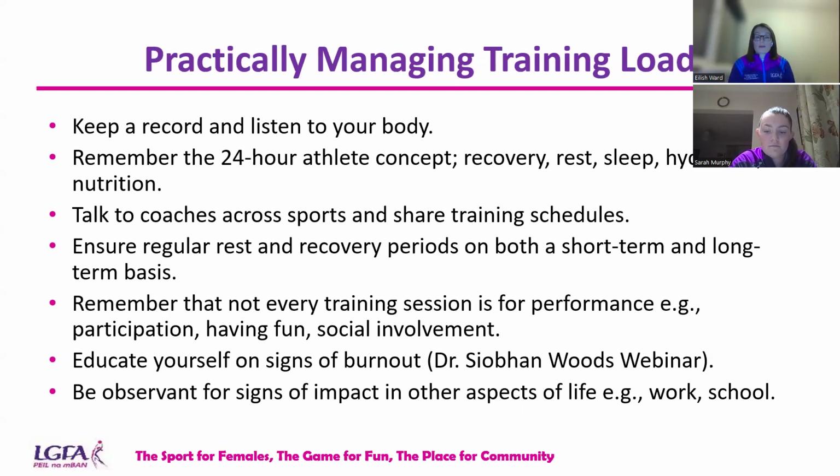Look, we need to talk to people. If we're coaches, and we have players that we're aware of that are under higher training load stress, we need to talk to the coaches, the parents or the players themselves and share those training schedules so we can monitor that, and maybe adapt the training a little bit to them.